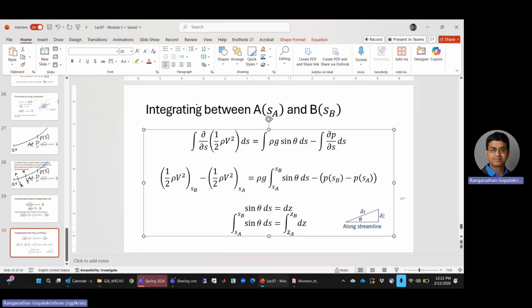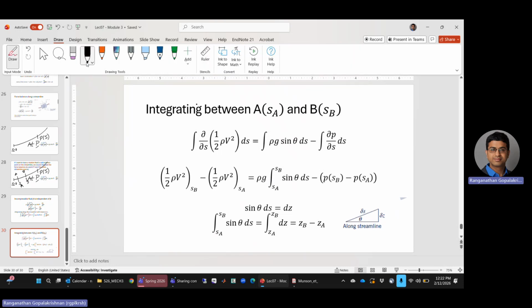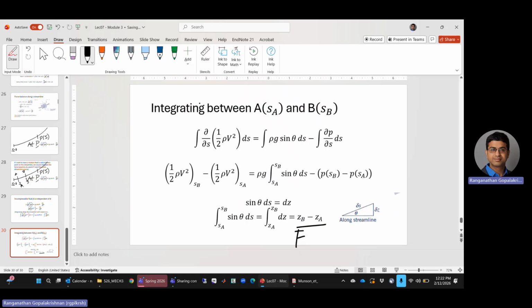This integral is basically the elevation difference between them. So this is nothing but ZB minus ZA. The only thing that had still an ugly integral is now going to be replaced by an elevation change. ZB minus ZA is nothing but elevation change.